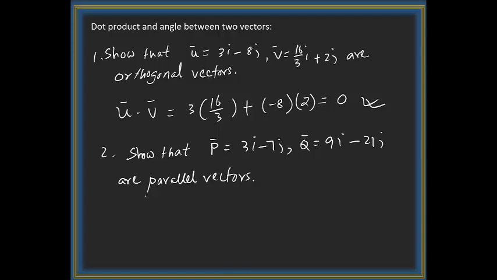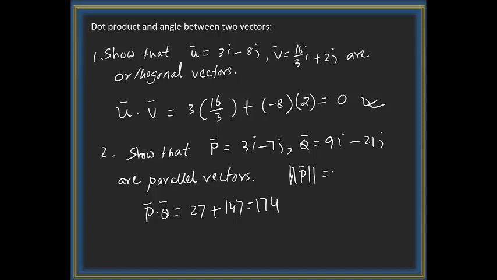What we do first is find their dot product, P dot Q. That gives me 3 times 9 is 27 plus 7 times 21 is 147, so we get 174. Now let us take the magnitudes. If we can show that the product of the magnitudes is the same as this result, then they are parallel.